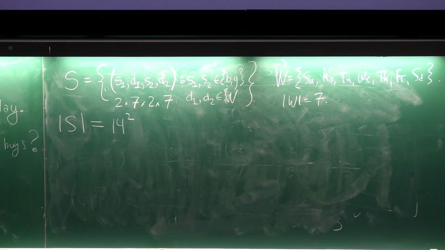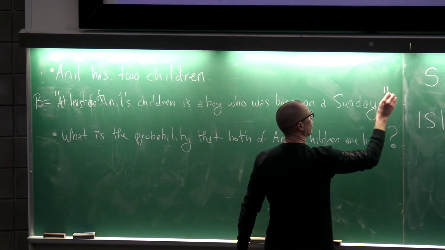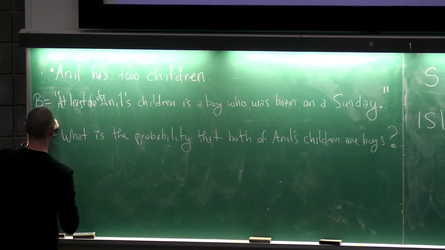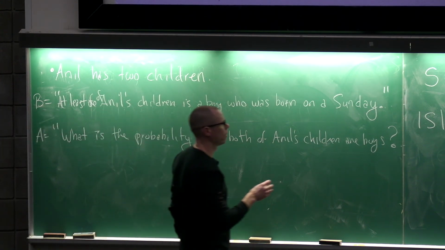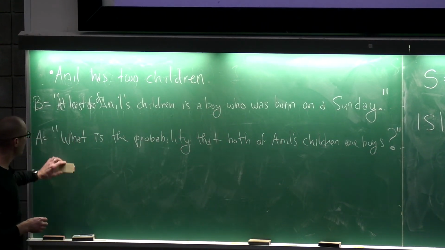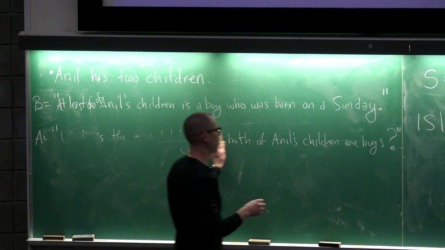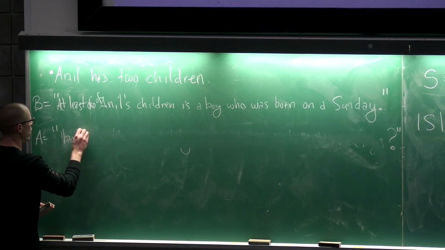So we've got these two events. This is the event that we're going to call B. This is the event that we're going to call A, or the event A is both Anil's children are boys.